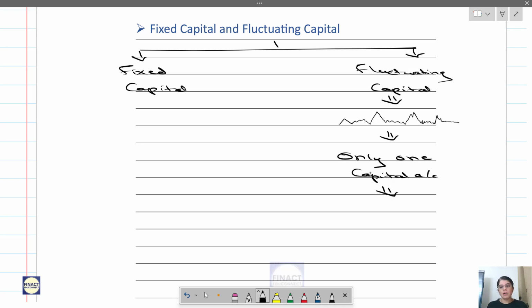So what are the entries in the capital account? Everything: your additional capital, drawings, interest on drawings, interest on capital.